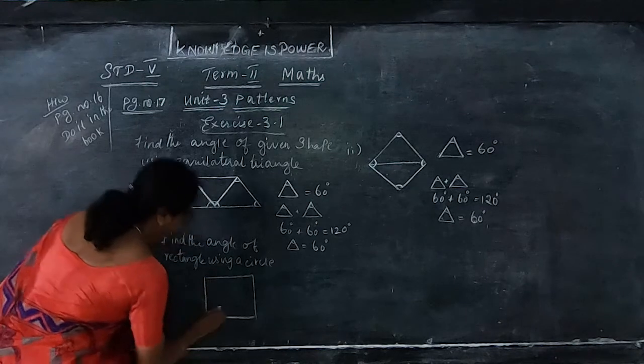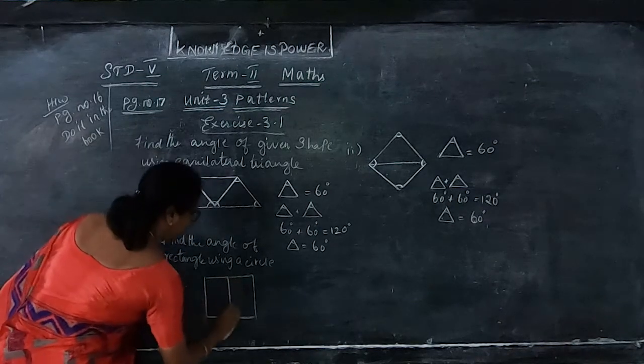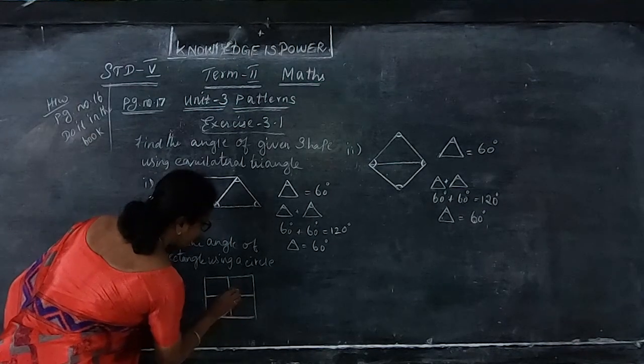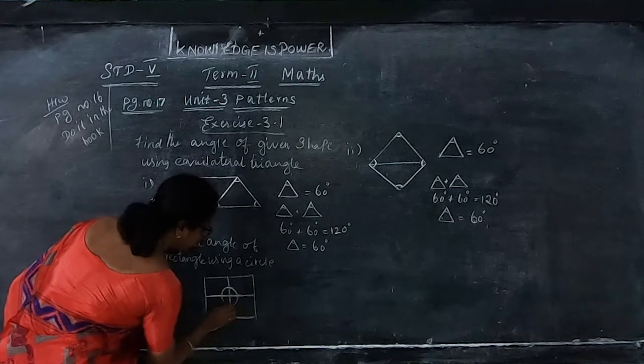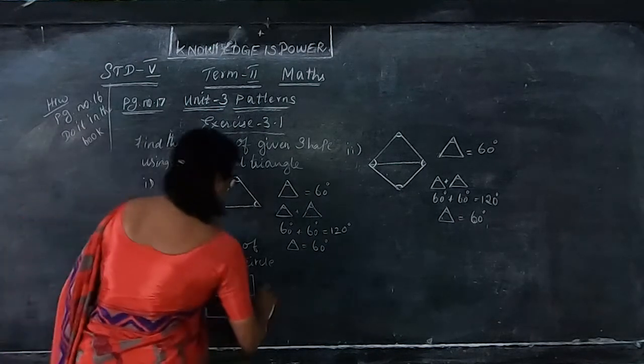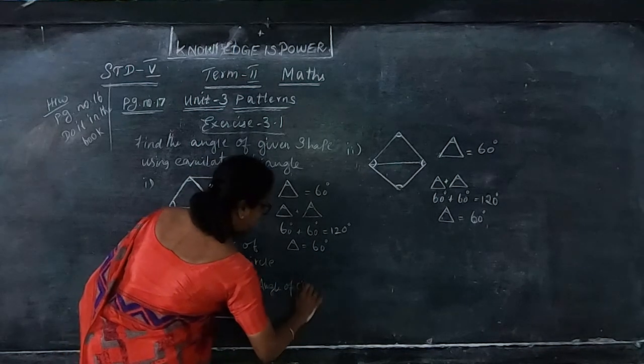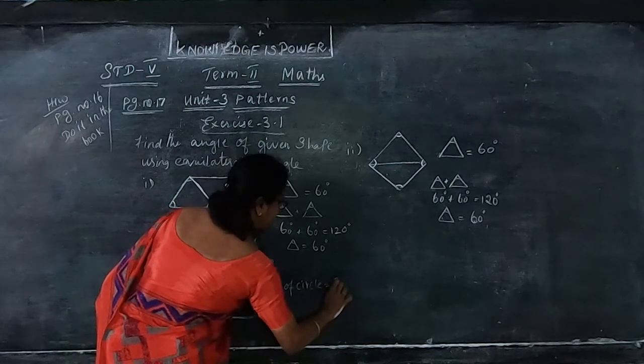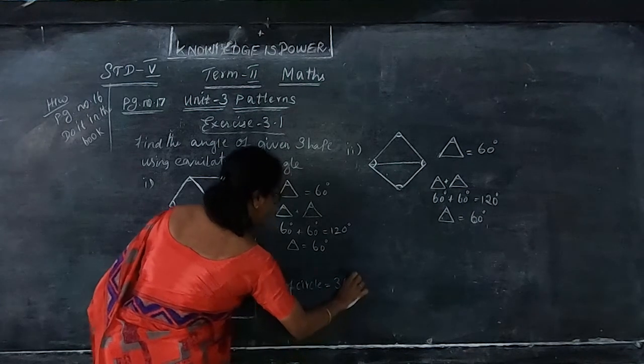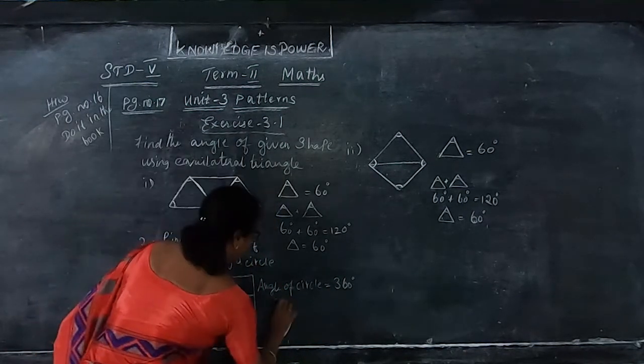It's a rectangle and the box like this and a circle. So I said what is this? Angle of circle is 360 degree. Angle of circle is equal to 360 degree.